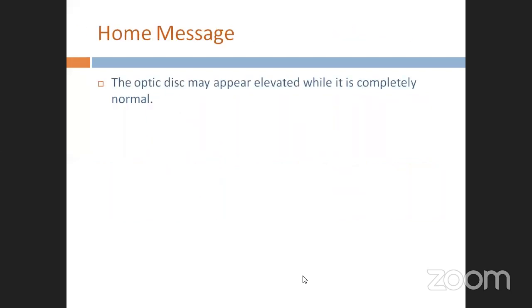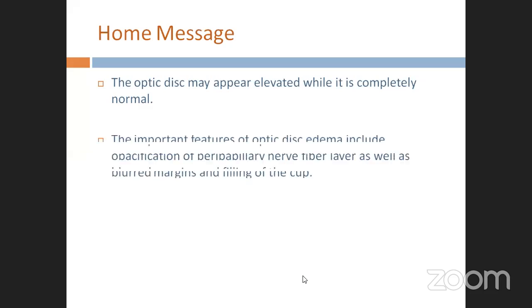The take-home message for today: the optic disc may appear elevated while it is completely normal, as in pseudo-optic disc, as in drusen, as in hypermetropia. So this is a normal disc, but looks elevated. The important features of optic disc edema include opacification of peripapillary nerve fiber layer, as well as blurred margin and filling of the cup.